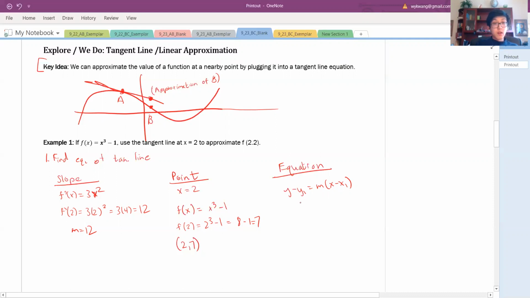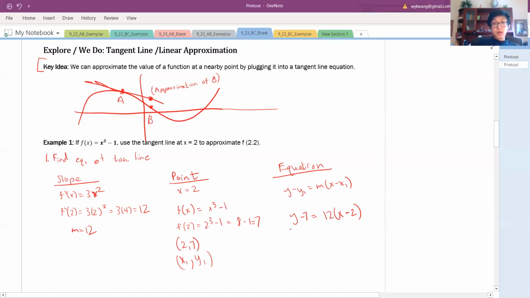So it's y minus 7 is equal to 12, our slope, times x minus 2.